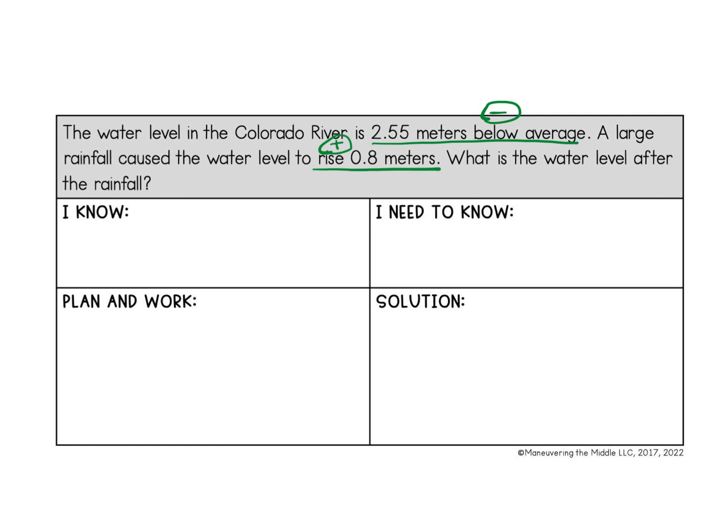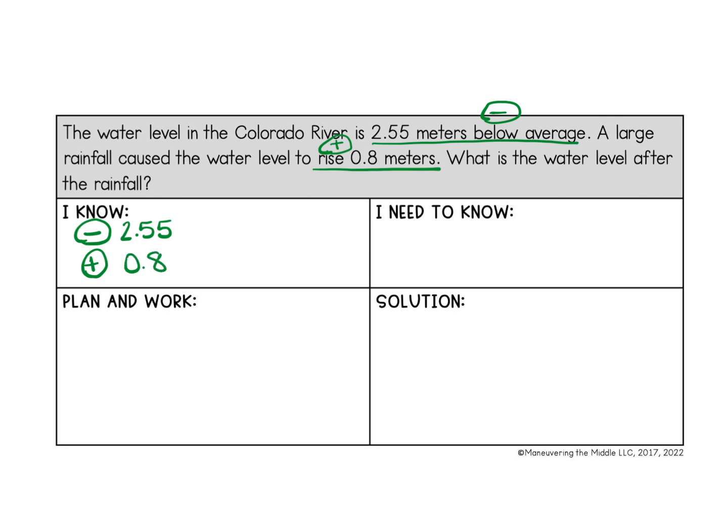So let's look back at this problem and think about what we know. We know it was 2.55 meters below, which is going to be negative 2 and 55 hundredths, and that the rainfall caused the water to rise, which is positive, 0.8 meters.